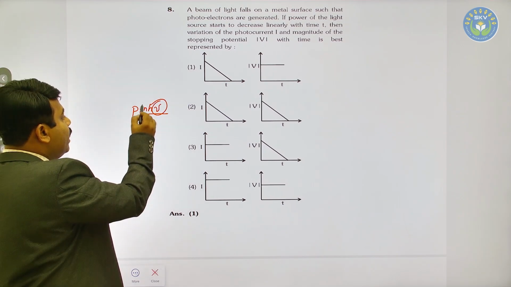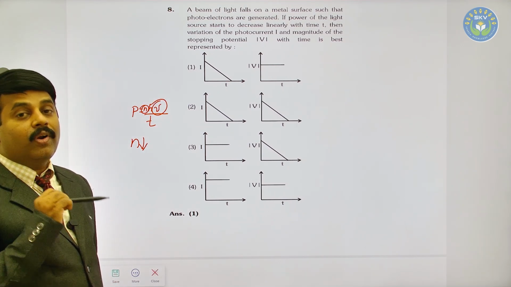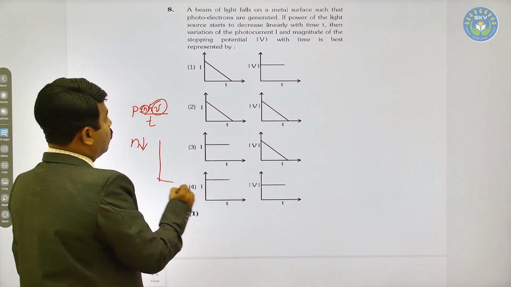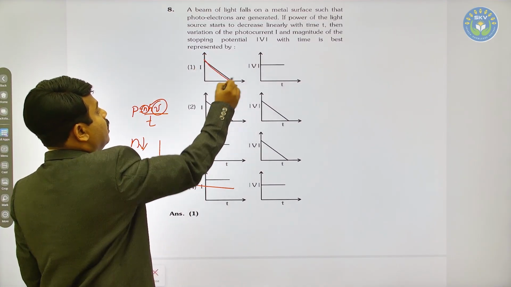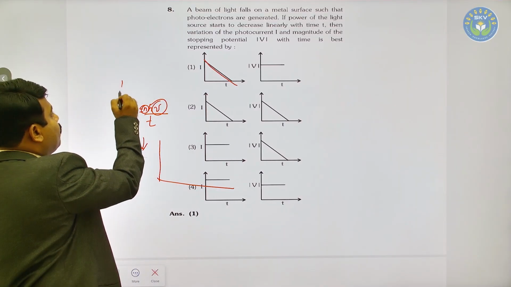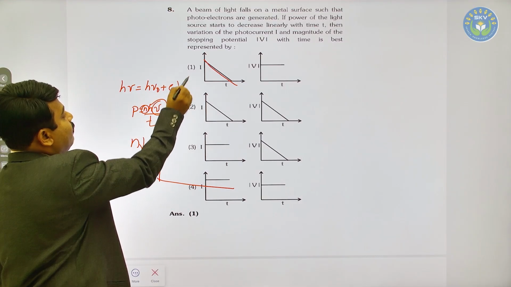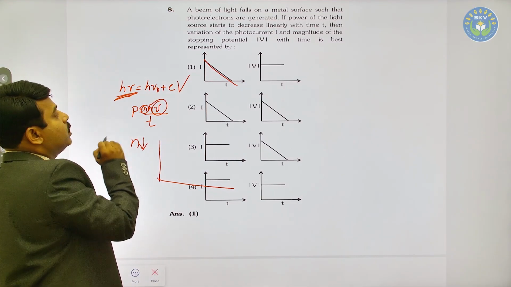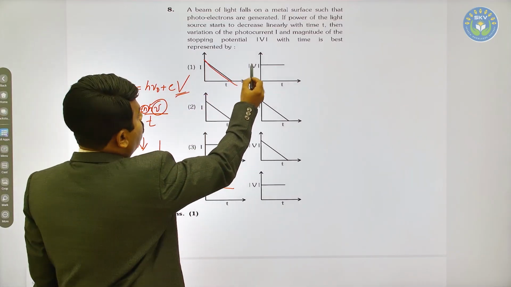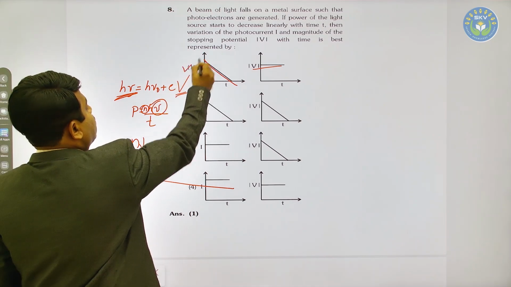So only n decreases. N decreasing means, as we studied, intensity of light decreases, that means photocurrent decreases, right? But if sufficient frequency is there, for a particular photon, h nu is equal to h nu 0 plus eV. As long as frequency is not changing, the stopping potential is not affected, so it is not going to change, right? Then option 1 is correct, right?